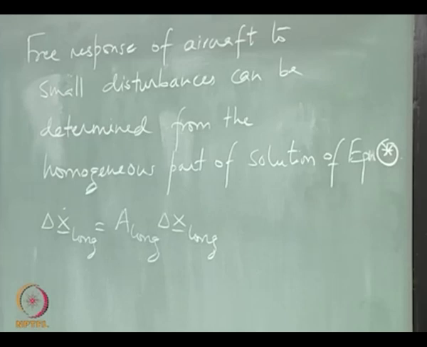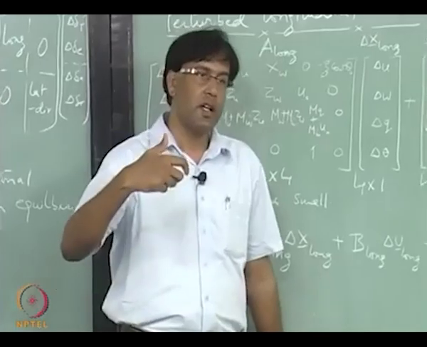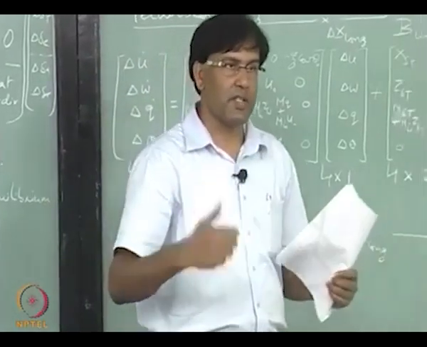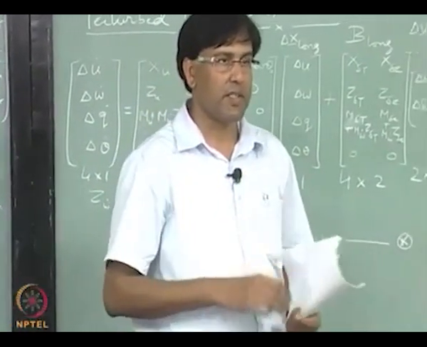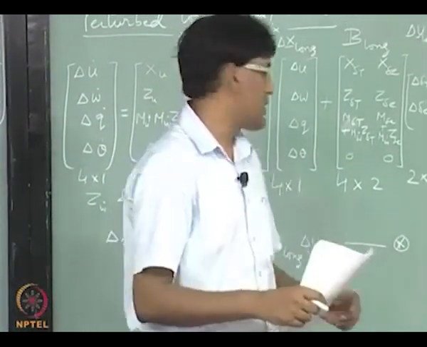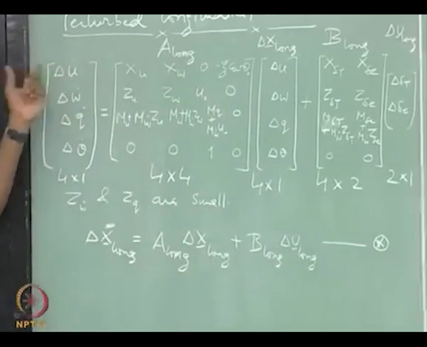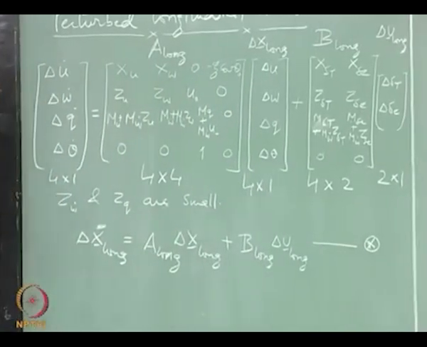controls are fixed, you cannot change the control, you are keeping it fixed, and then there is some disturbance which is going to come and hit the aircraft, right. So, there is a change in variables. Yeah, they are fixed.